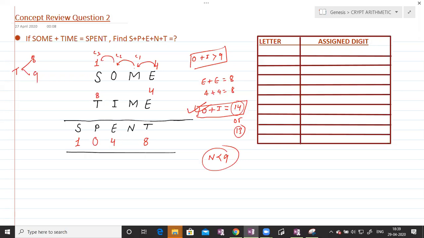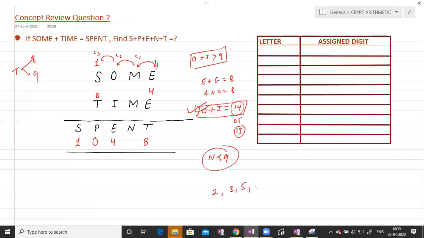So what are the digits left? 1 has been used. 2 is available with us. 3 is available. 4 has been used. 5 is available.